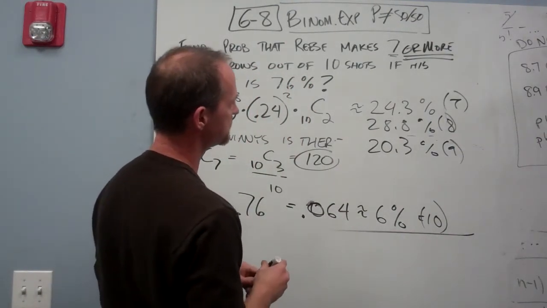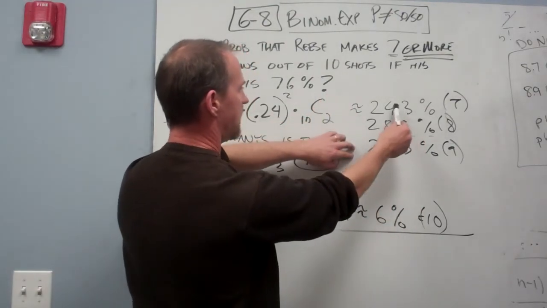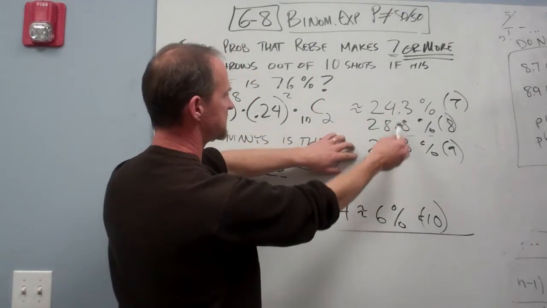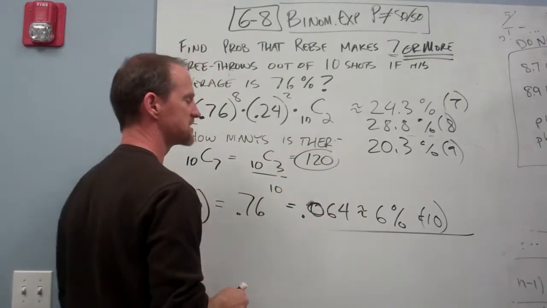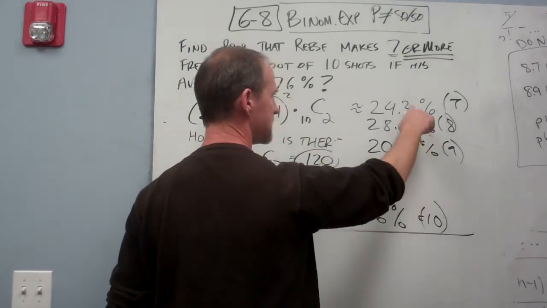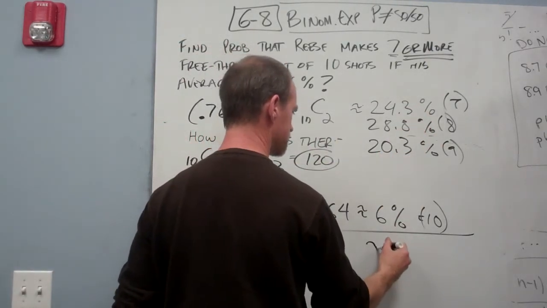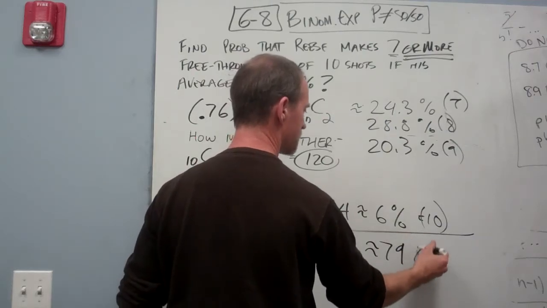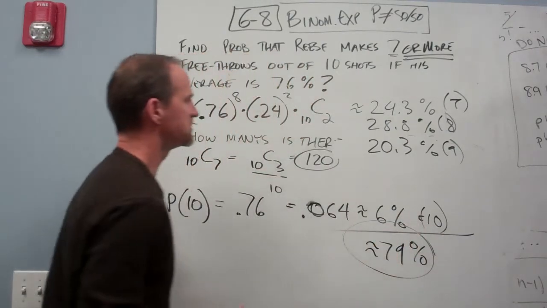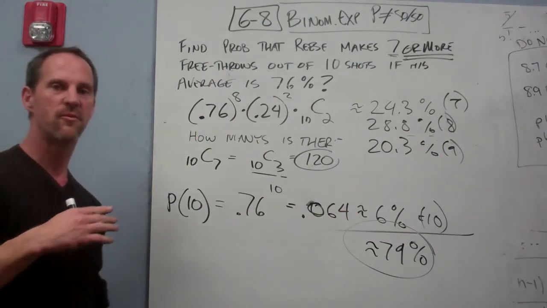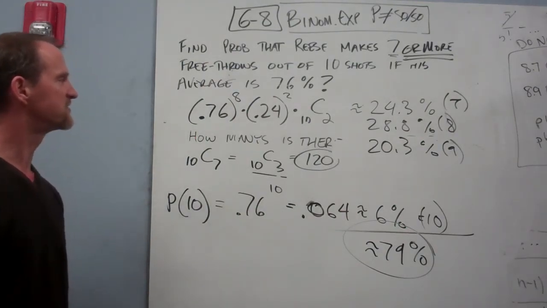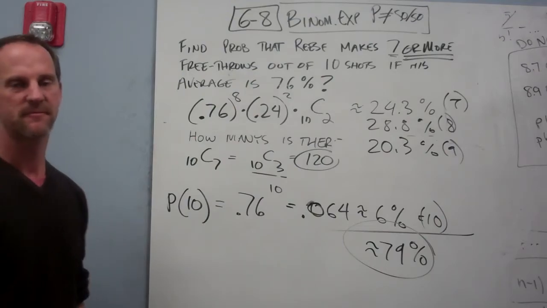And just to guesstimate it here, I don't want to spend too much time. It's 24, 28, 20, 6, around 78, 79%. And we add up the decimals, very close to 79% of the time Reese is going to make 7 or more of his free throws, okay? He's that good. All right? Good luck.